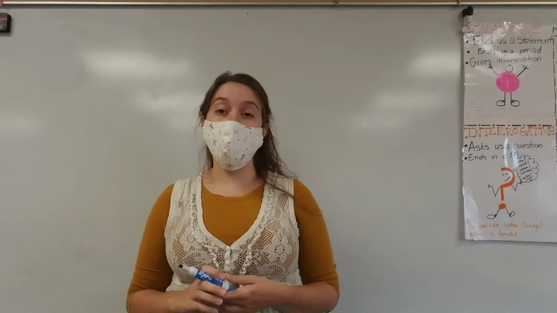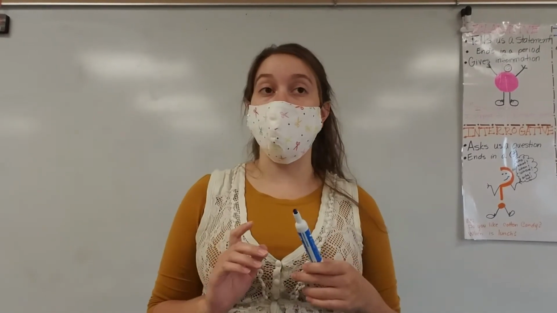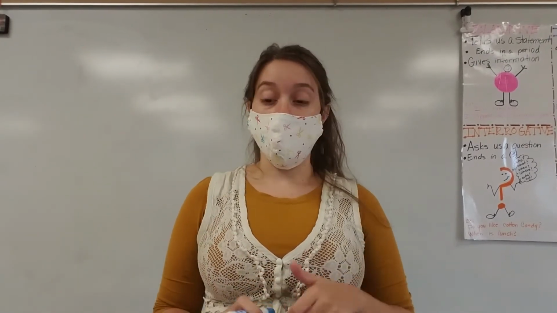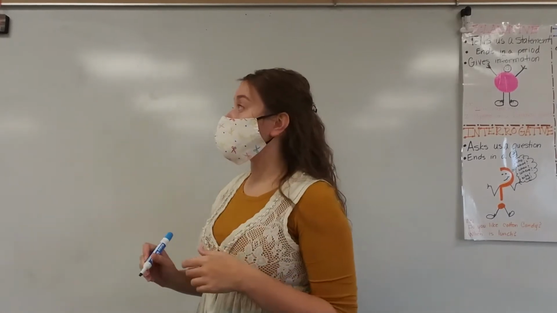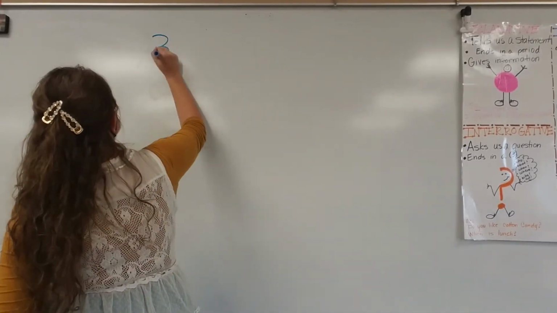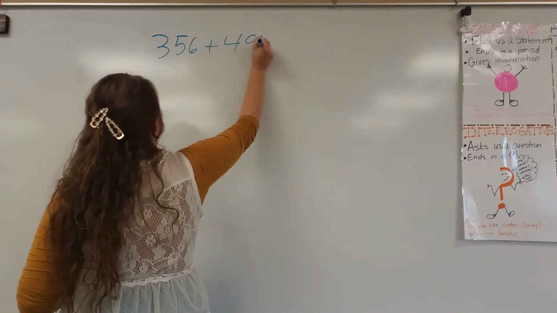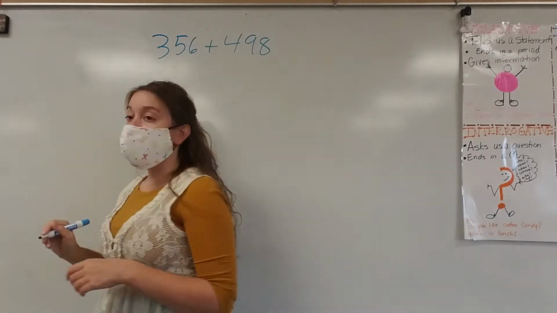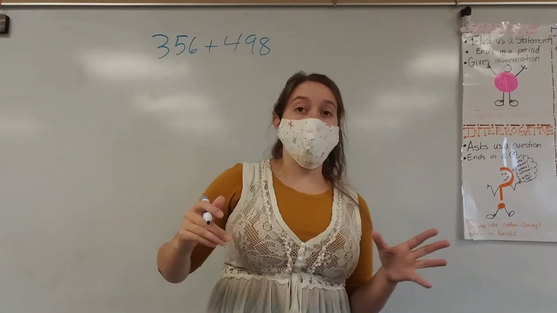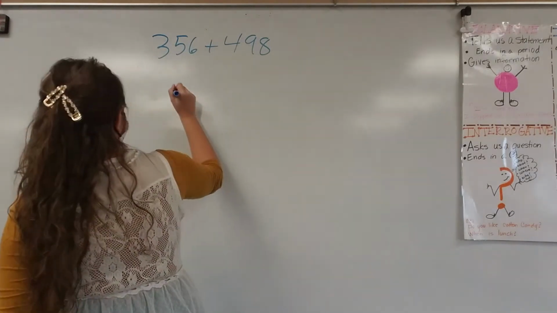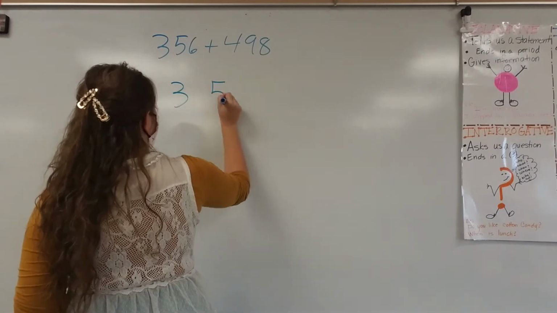Okay, now we're doing column addition. Column addition is a lot like traditional adding, okay? So when we have column addition, again, we're still working with the same number, 356 plus 498, okay? But when we do this, I'm going to write my number big, 356.